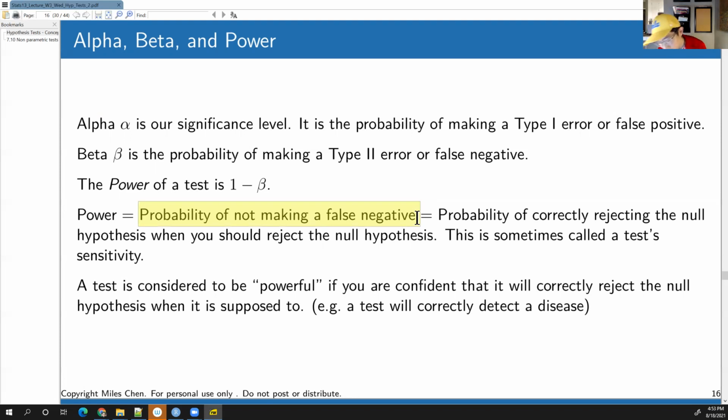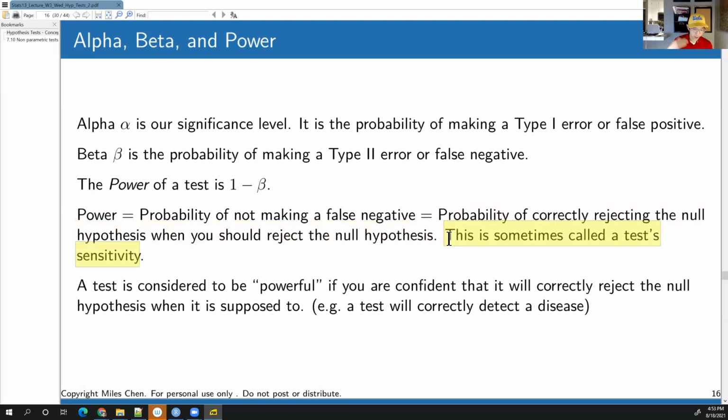Not making a false negative means we are going to correctly reject the null hypothesis when we're supposed to reject the null hypothesis. Okay, that's known as the power of a test. This is sometimes known as the sensitivity of a test, right?